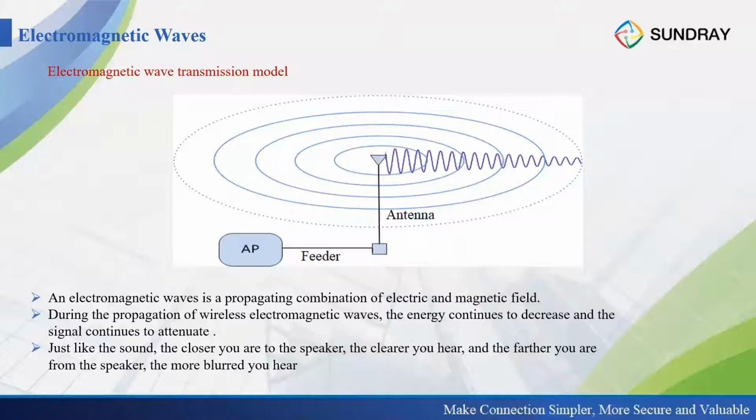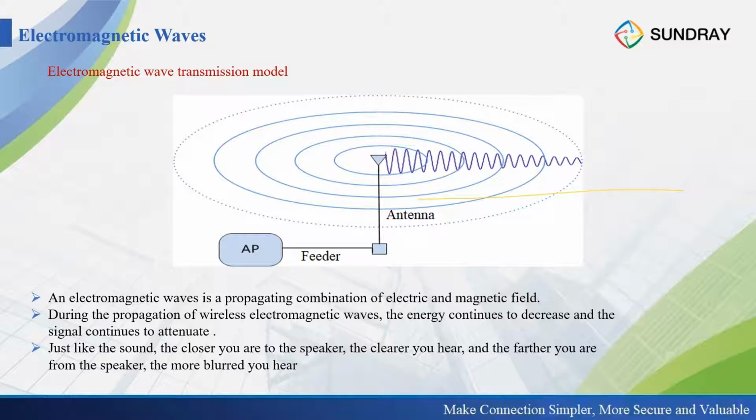So how can we understand how these electromagnetic waves travel in the air? First, we have an antenna, whether it's a built-in antenna or an external antenna. The signal goes to the antenna, and when the electrons move, we have the magnetic field too, because there are two fields.